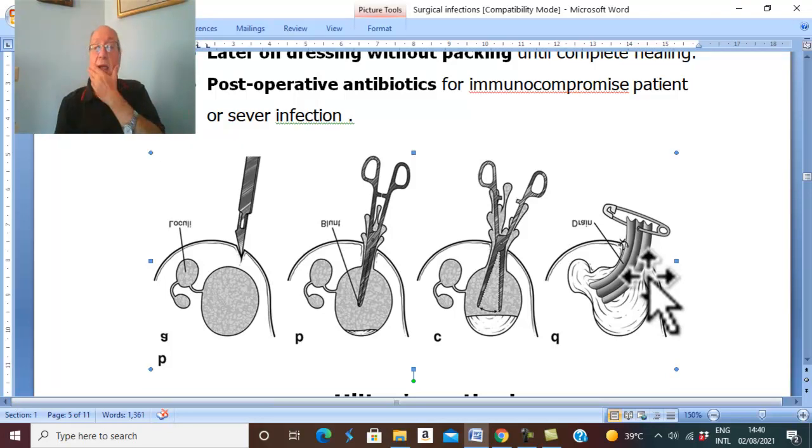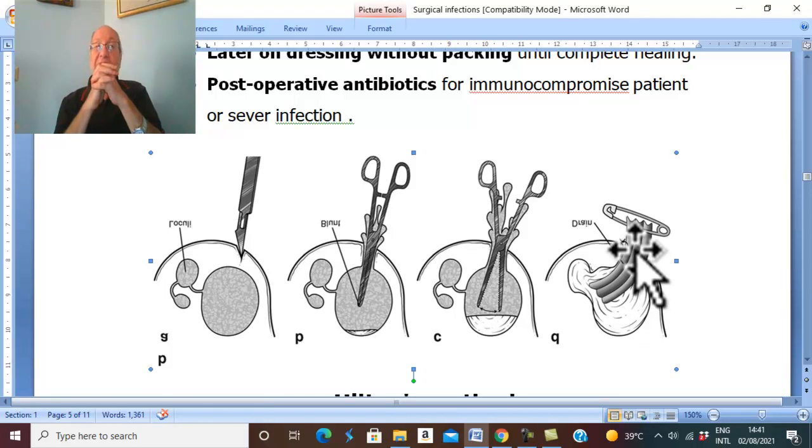Finally, packing the cavity with gauze or insertion of a rubber drain into the abscess. Packing or insertion of a rubber drain is essential for better drainage. Any pus formed in the following few days should be drained to the outside through the packing or the drain.